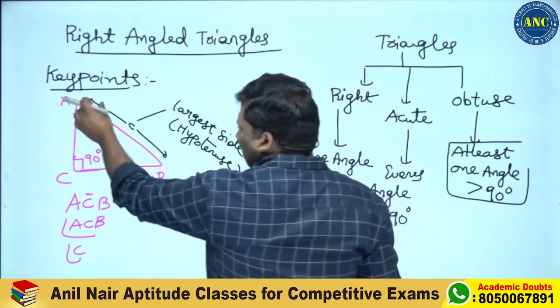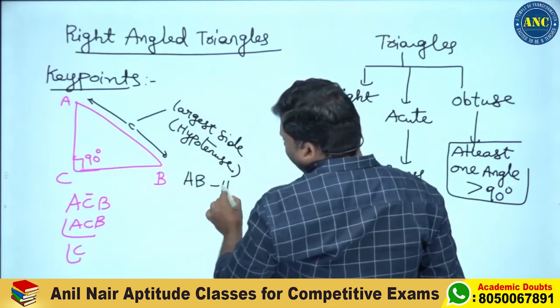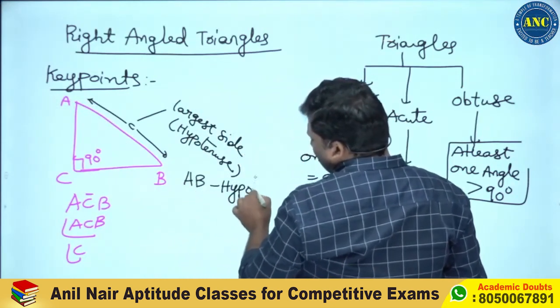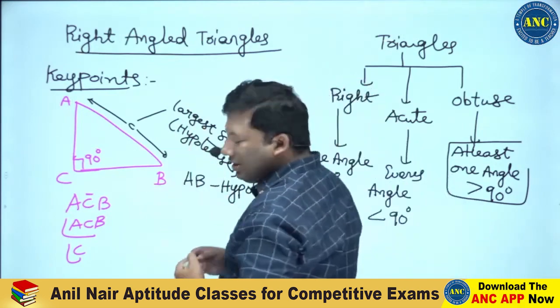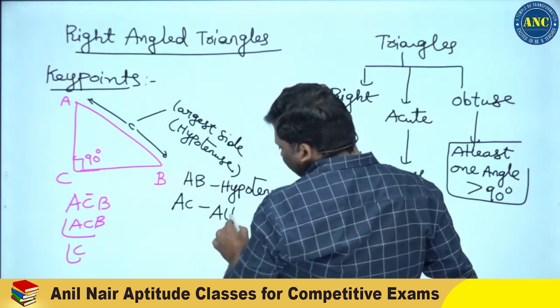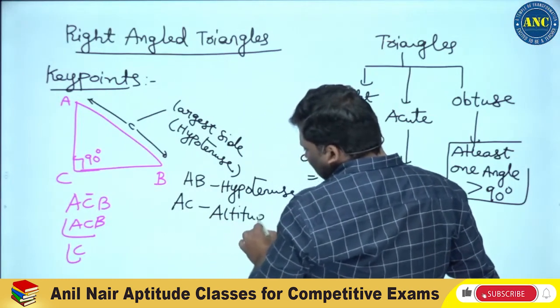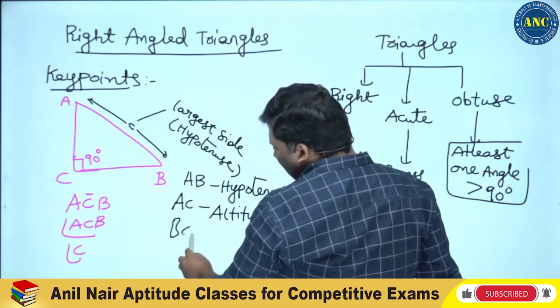Now this is the altitude. AB is called the hypotenuse. AC is the altitude. BC is the base.